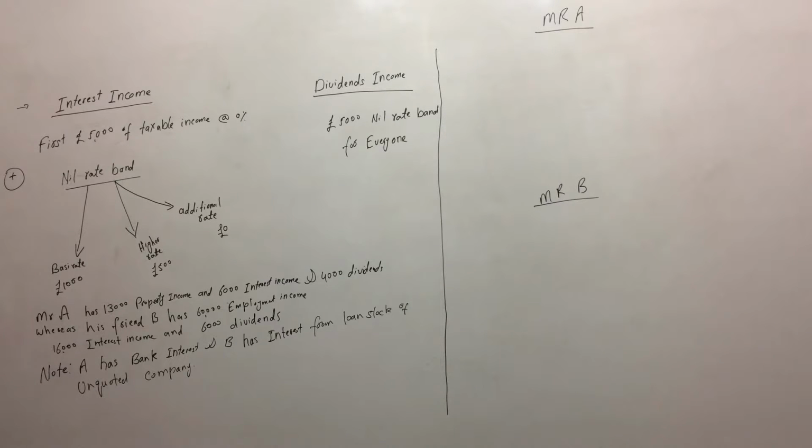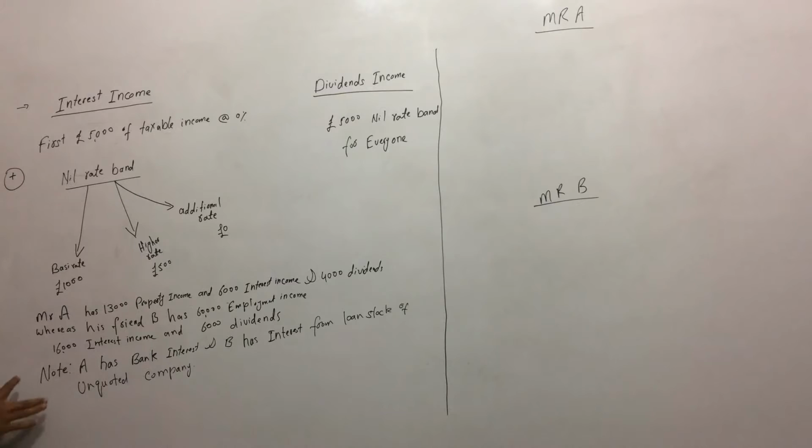It says Mr. A has £13,000 of property income and £6,000 of interest income. He also has £4,000 of dividends, whereas his friend Mr. B has £60,000 of employment income, £16,000 of interest income, and £6,000 of dividend.